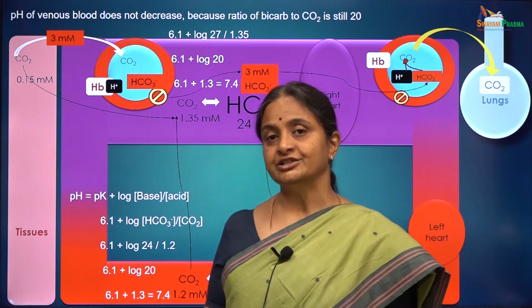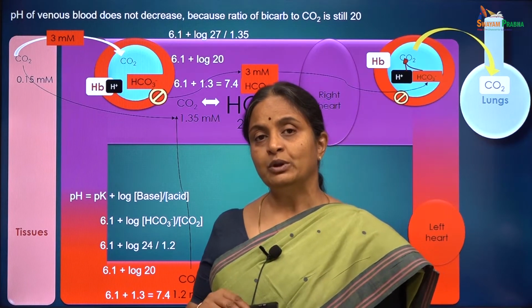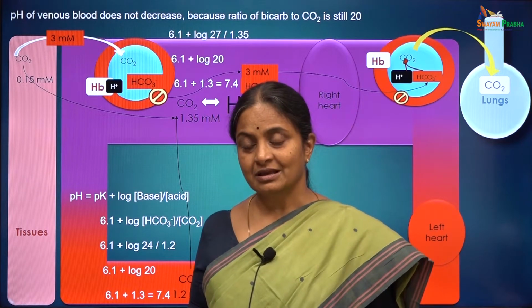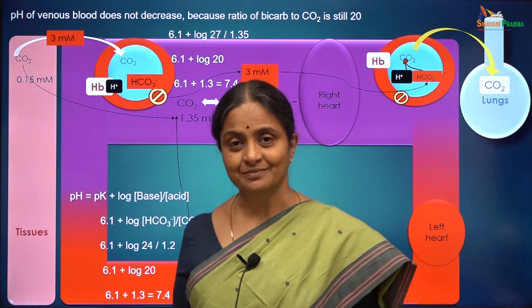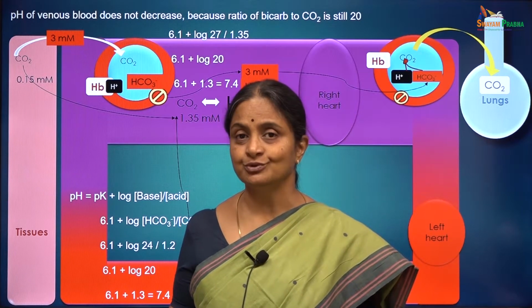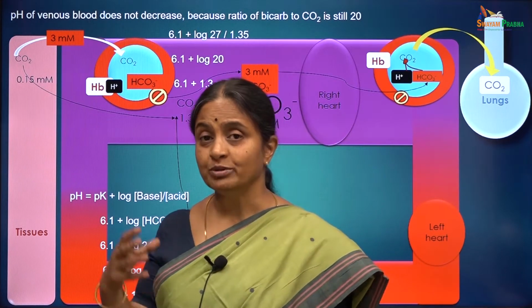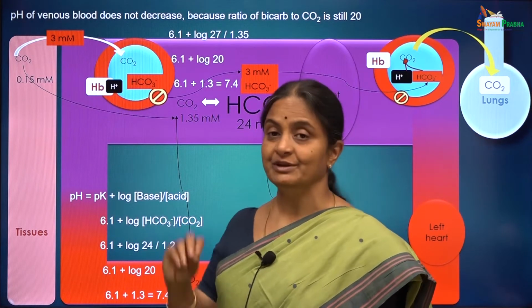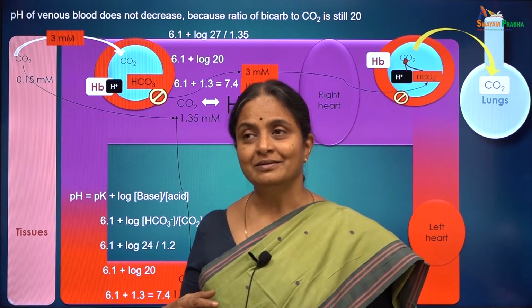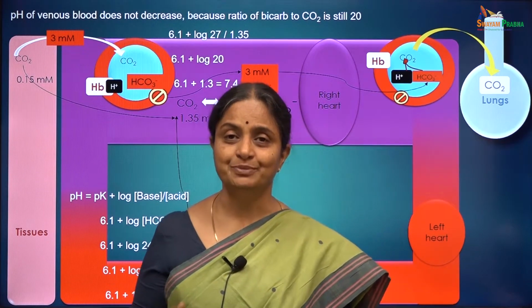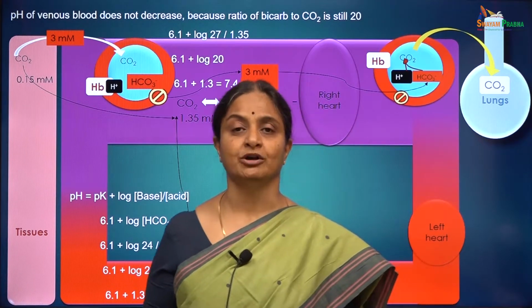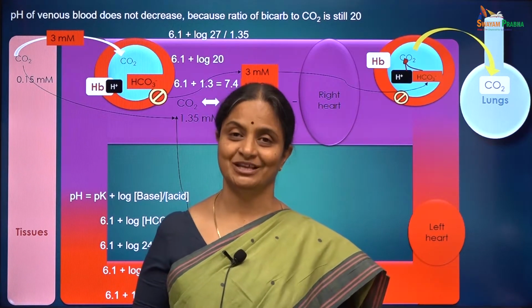In our clinical considerations, we will not even talk about hemoglobin because it is such an efficient system that there is no pathology arising due to hemoglobin's ability to bind free protons. And therefore, we sometimes do not appreciate the importance of hemoglobin as the most important buffer system in our body.